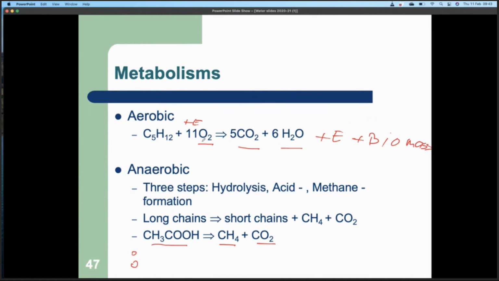So the operating cost of a treatment plant is predominantly aeration. The pumping and so on is not the big thing. And most of the cost that comes from treating your wastewater is the supply of oxygen. Therefore, most of the carbon footprint of wastewater treatment is the supply of this oxygen for the aerobic treatment.